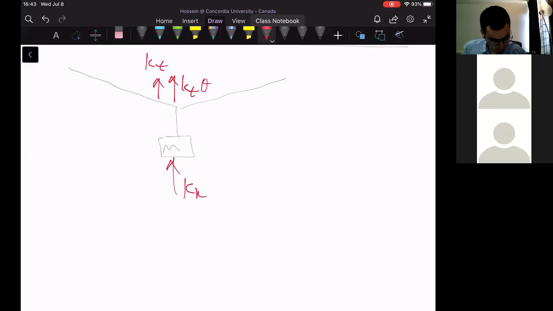Because the kt is attached between the two beams, you have to write 2 kt.